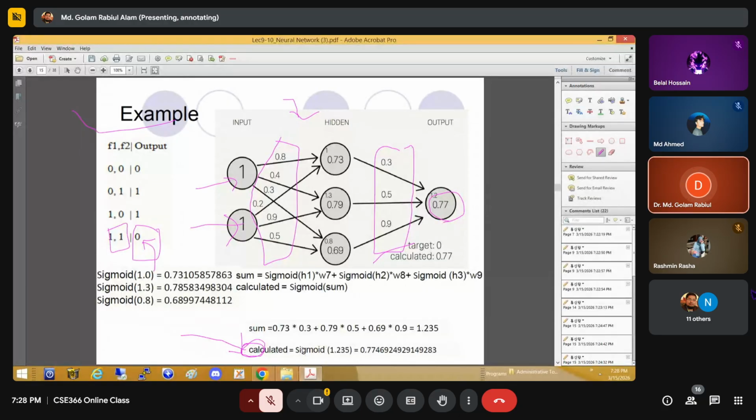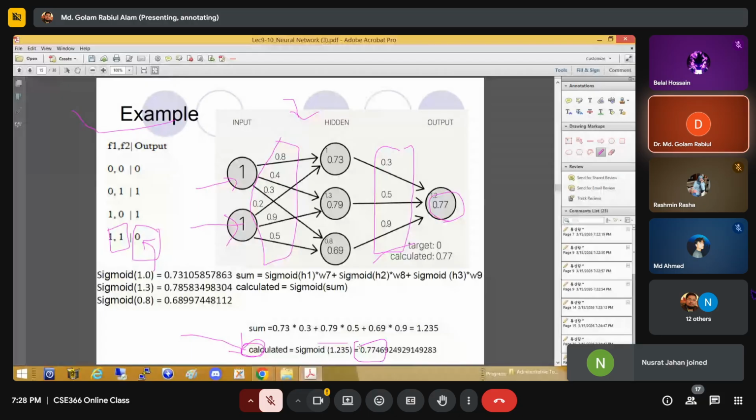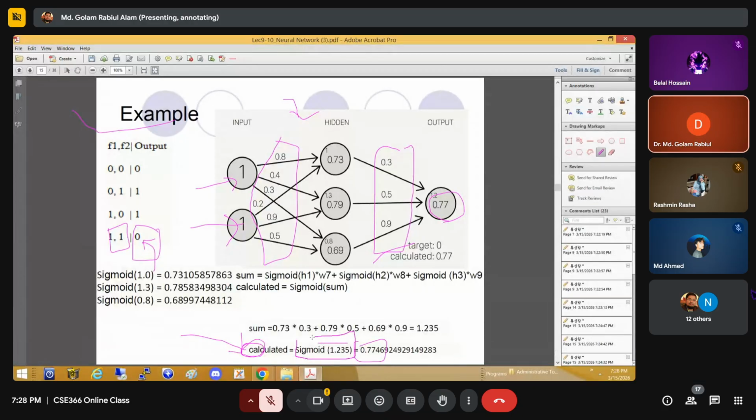That is the calculated value we will get from the sigmoid of 1.235. Sigmoid of 1.235 is our 0.777. So that means this sigmoid value we need to change. If we want to change this value, then we need to change this sigmoid of 1.235.